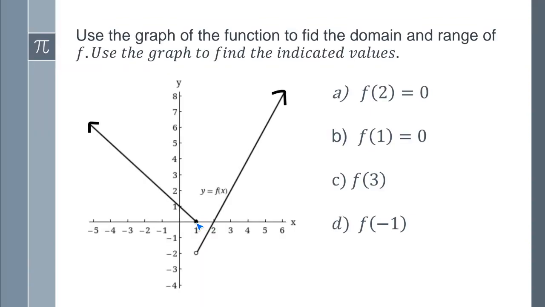And then what's the y value when x is equal to 3? On this one, I have to trace the graph. At 3, I go up and I look at it and it looks like about 2 more or less. I think it's 2, right? So I would say, thank you, Aaron. Yes, I agree. The value is 2. Okay? And then let's go ahead and do the last one. What is the y value when x is equal to -1?